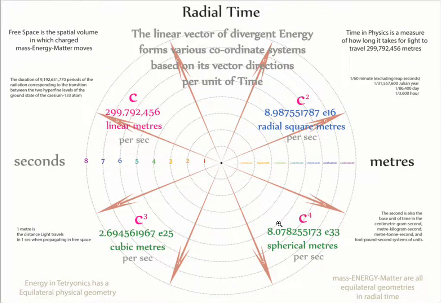You'll see these terms, and as a general rule, where you see c squared, we're referring to mass energy geometries, or planar Euclidean geometries. And where you see c to the fourth, we are in fact referring to spherical coordinate systems, or measurements of matter.